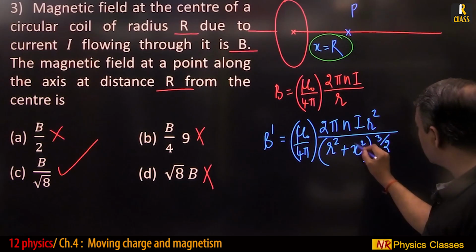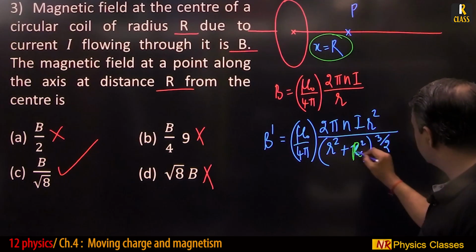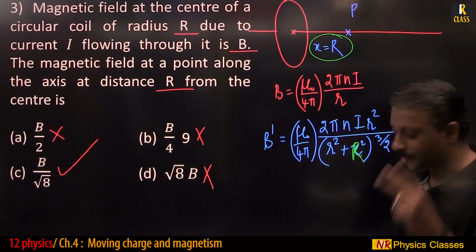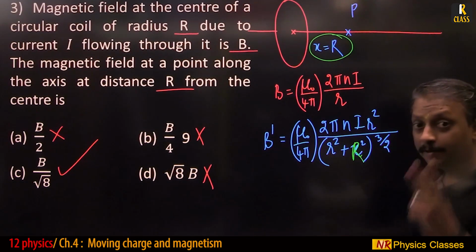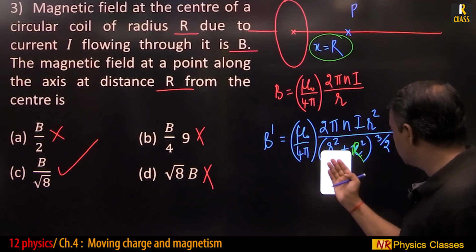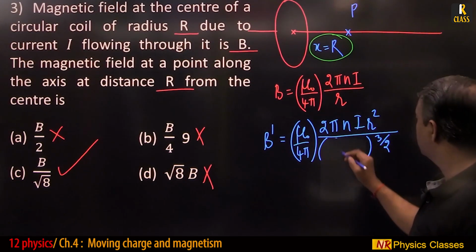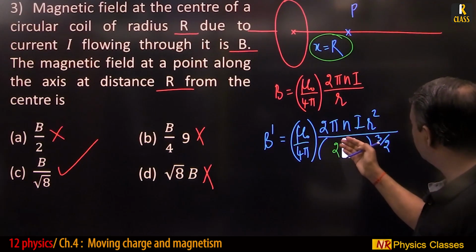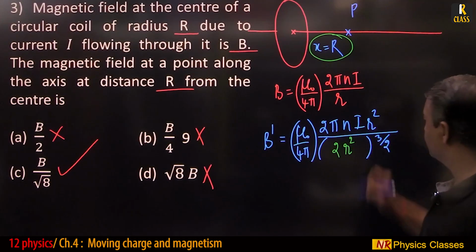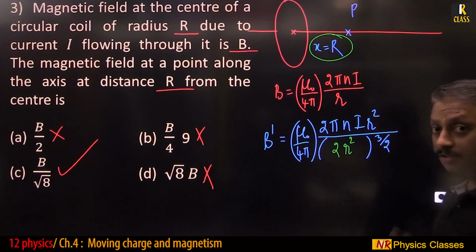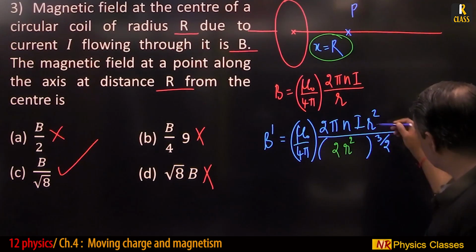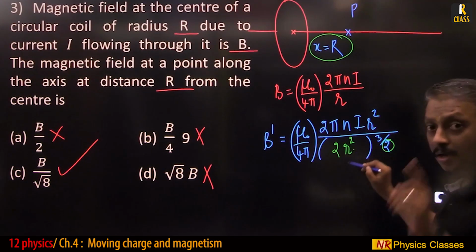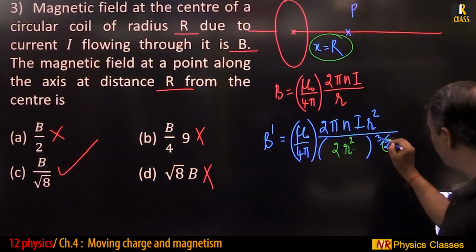Substitute X equal to R. So this becomes R square plus R square, which is 2R square. Of course, small r. Now concentrate on R. R square, square root, R cube.